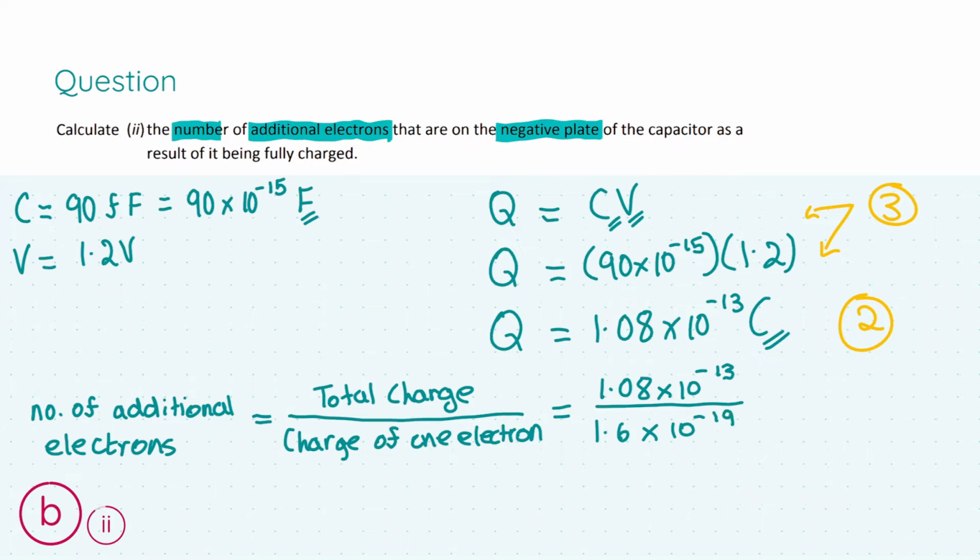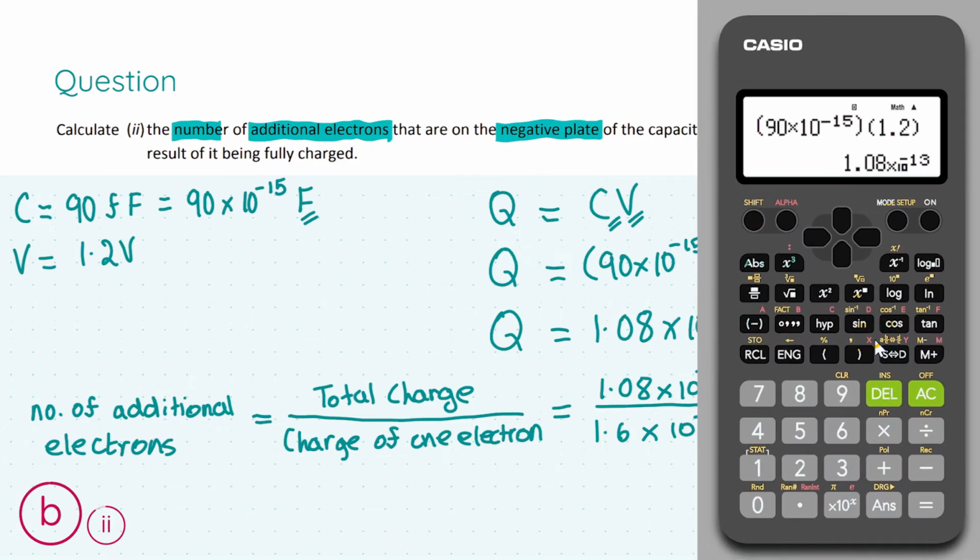So let's put this into our calculator. Now, remember up here, I have the total charge as my answer. So on the calculator, it's going to be stored as an answer. So when you're putting it into this fraction form, we have the total charge, which is just going to be stored as the answer. You can type it out if you want, but you're less inclined to make mistakes this way. And this is over the charge on 1 electron.